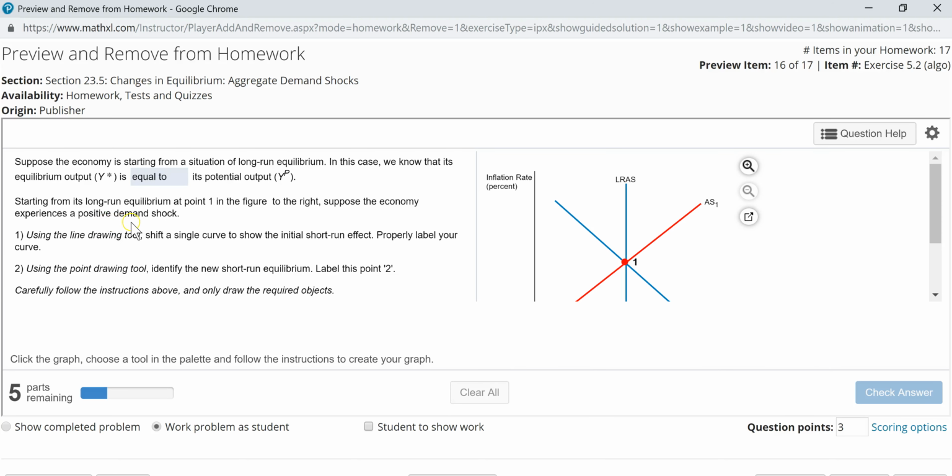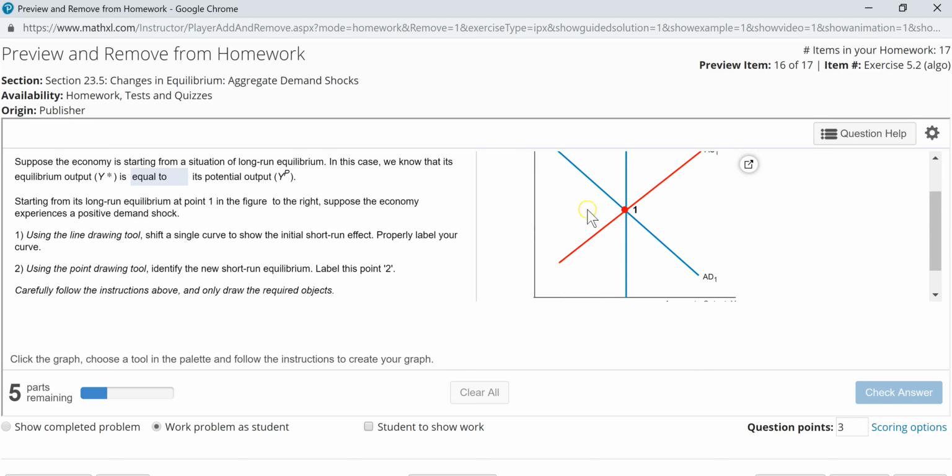Starting from its long-run equilibrium at point 1, in the figure to the right, suppose the economy experiences a positive demand shock. So a demand shock will shift the AD curve, right? It's positive, so it will shift the AD curve to the right.